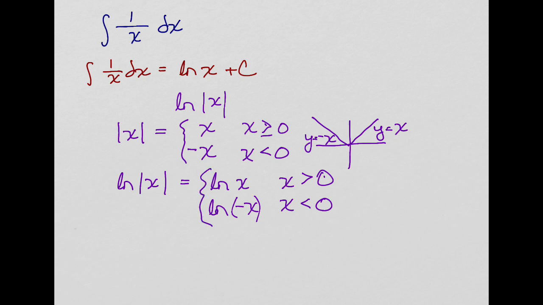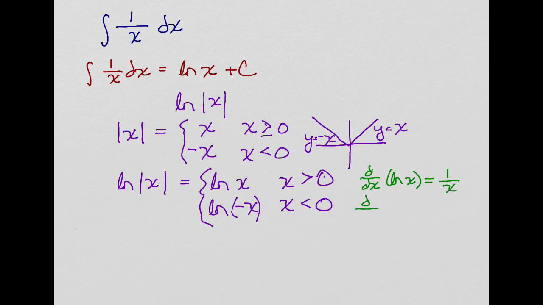And now I'm going to take a derivative of each of these. Let's see. If x is positive, the derivative of natural log of the absolute value of x is 1 over x. No problem. That's what we needed it to be. We needed it to turn out to this, 1 over x.